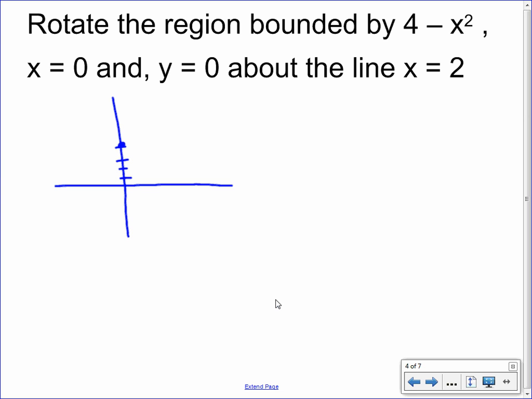Okay, and if I'm talking about x equals 0 and y equals 0, that's restricting us to where? The first quadrant. Now, we are going to twist about x equals 2.